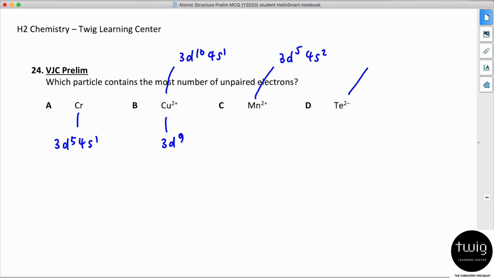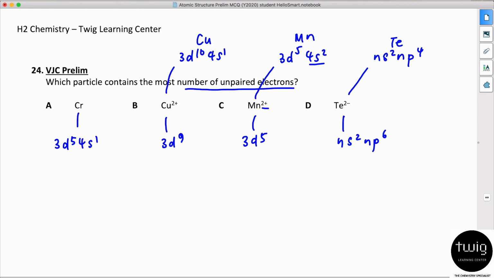This is in group 16, so normally it is ns2 np4. For manganese 2 plus, take away the 4s 2 electrons, so it is 3d5. Te 2 minus means you have to gain 2 more electrons, so it becomes ns2 np6. Just don't get Te and Mn confused.